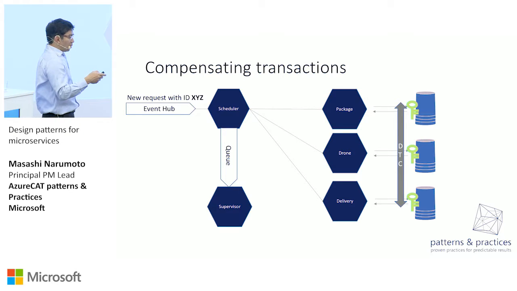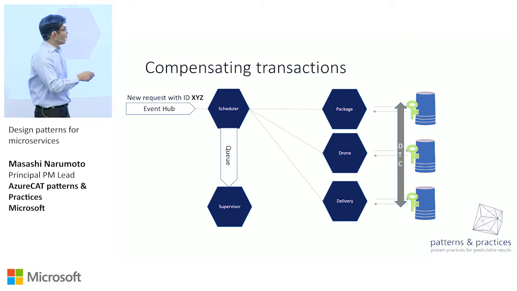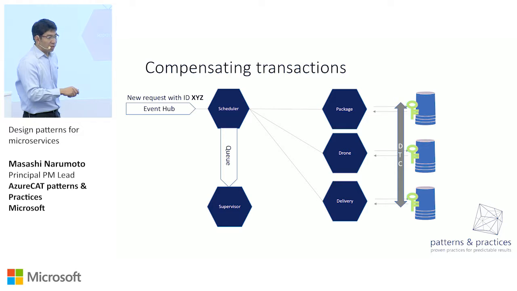It works fine, but the reason why we are switching from this model to the other is scalability and availability. Because now we are locking these resources until the transaction completes, and while we are locking resources, nobody else can access the same resource, which is not good for scalability.